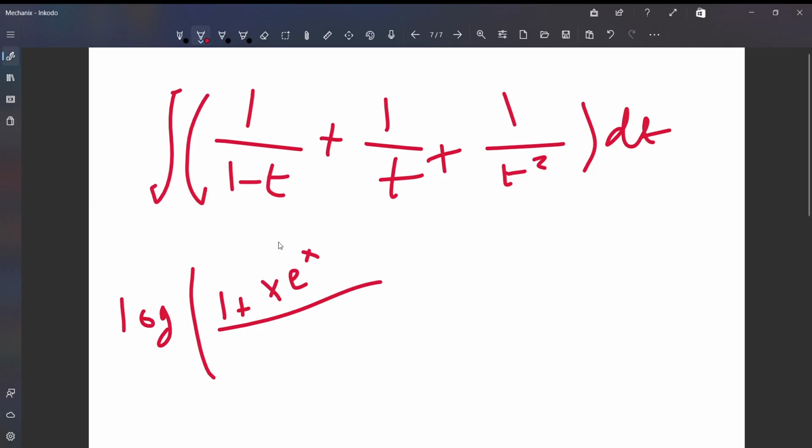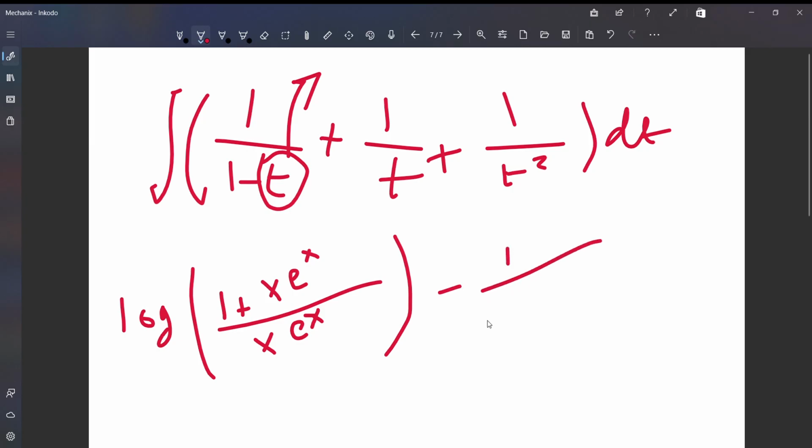You're going to get x e power x after substituting the value of t in the final integral, right? So over x e power x, that is nothing but our t minus 1. Minus 1 by t, that is minus 1 by 1 plus x e power x. Plus the constant of integration. So this will be our final answer.